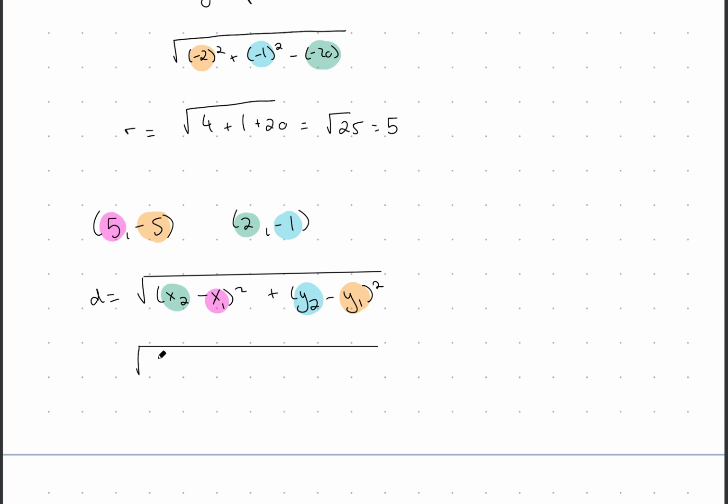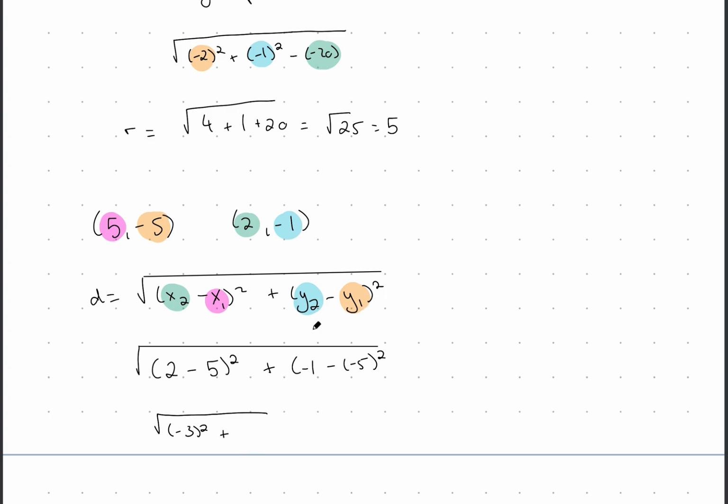So we're going to have x2, which we said was 2, take away x1, which was 5, square that, plus y2, which is going to be minus 1, minus y1, which is going to be minus 5, and square that. Now, simplifying that, we're going to get 2 minus 5, that's minus 3 squared.